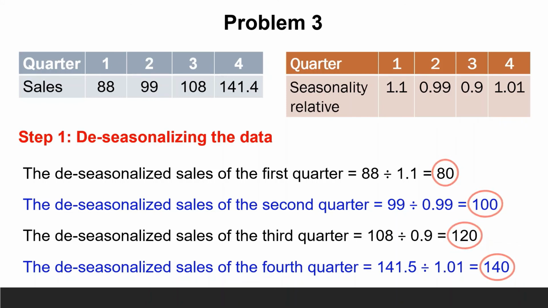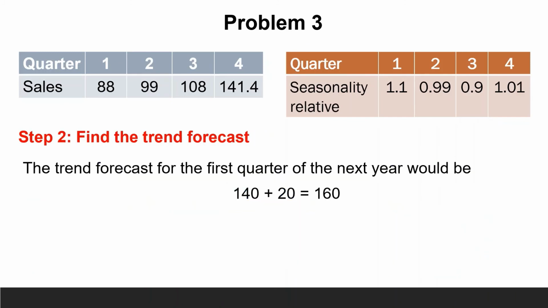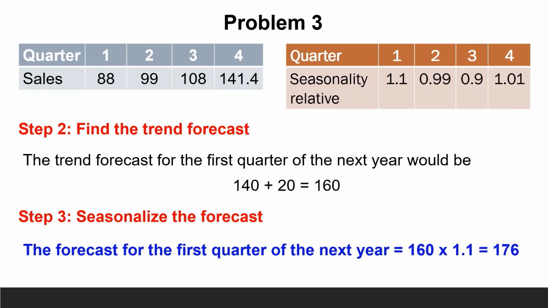The sales of any quarter is 20 units more than the previous one. So, the trend forecast for the first quarter of the next year would be 140 plus 20 equals 160. To obtain the forecast for this period, we have to multiply the trend forecast by the seasonality relative. So, the forecast of the first quarter of the next year equals 160 multiplied by 1.1 equals 176.